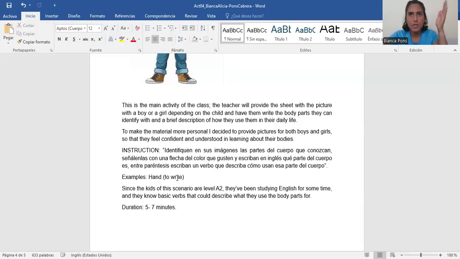We want them to tell us about what they know already about that body part, how they use it, and we wanted to have it there in the sheet so that they associate the activity to the body part. So to make the material more personal, I decided to provide pictures for both boys and girls so that they feel confident and understood in learning about their bodies.